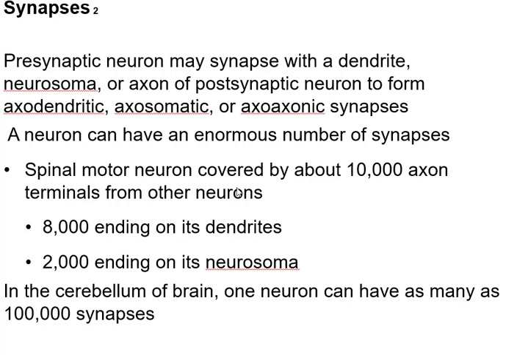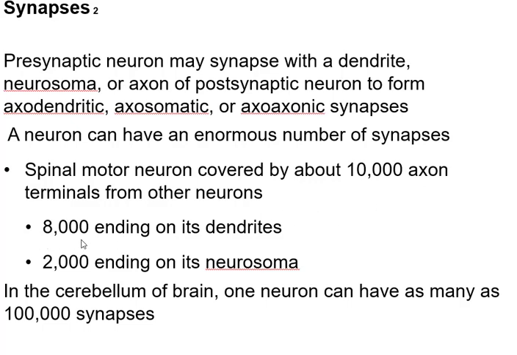So they just give you some numbers here. You don't have to memorize these numbers. But the spinal motor neurons, so remember this is coming out of the spinal cord. Motor neuron is the efferent. It's going to cause an effect. They may have up to 10,000 axon terminals touching it.